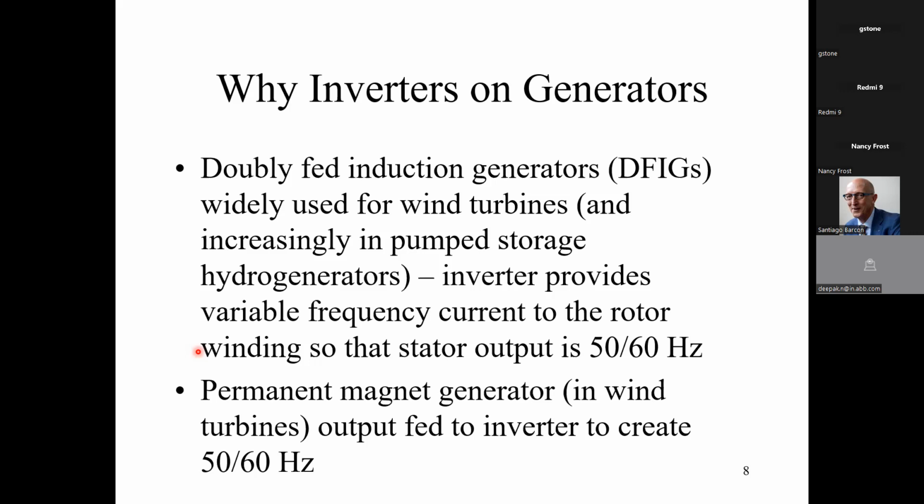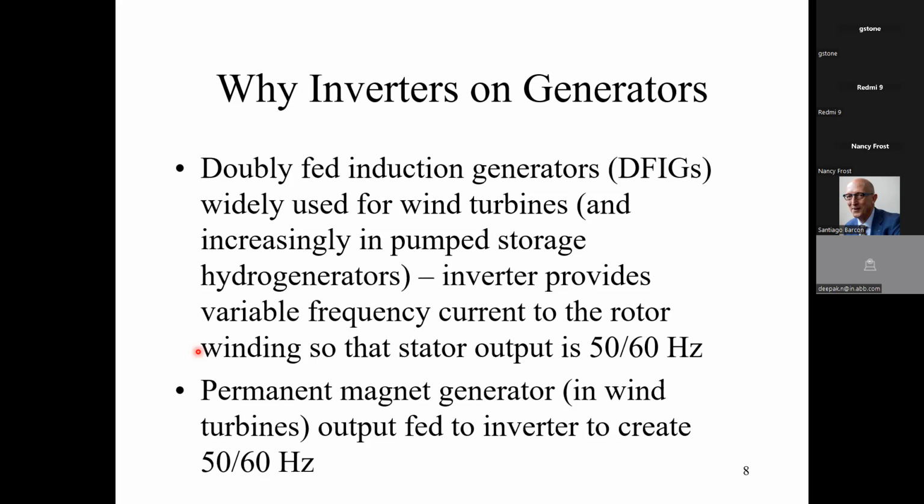And it turns out, by the very nature of a doubly fed induction generator, if you have a specific rotational speed, you can convert that to say 60 hertz electricity by changing the fundamental frequency of the current you're feeding the rotor winding. Okay, so that's a doubly fed induction generator, where inverters are used to provide power or current to the rotor windings. And this gives us a very nice 50 or 60 hertz output.